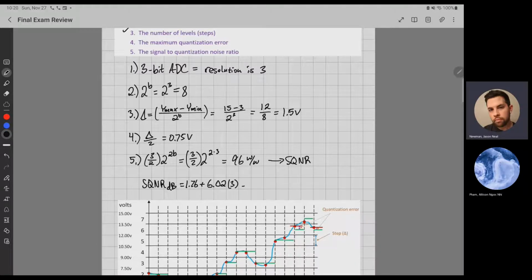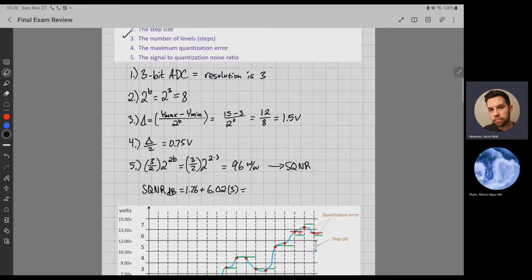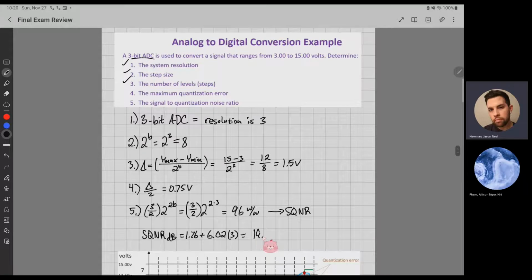I haven't checked this math, but the answer says it's 19.82 dB. So that's pretty much all you have to do to work these problems that seem kind of complicated at first, but they're really easy. Just follow the formulas and don't get them mixed up like I did.